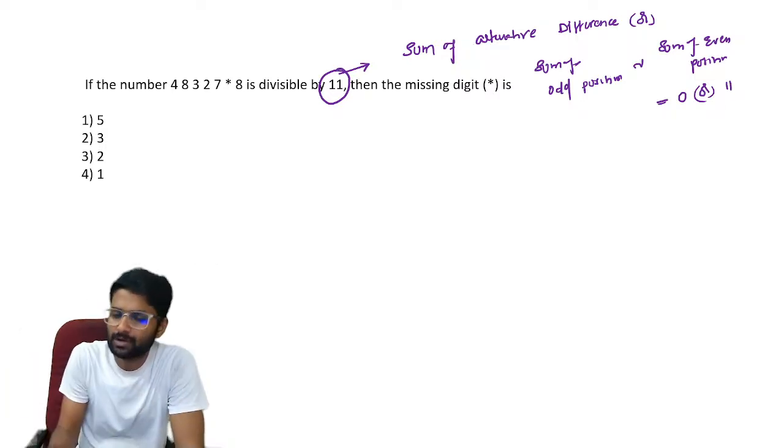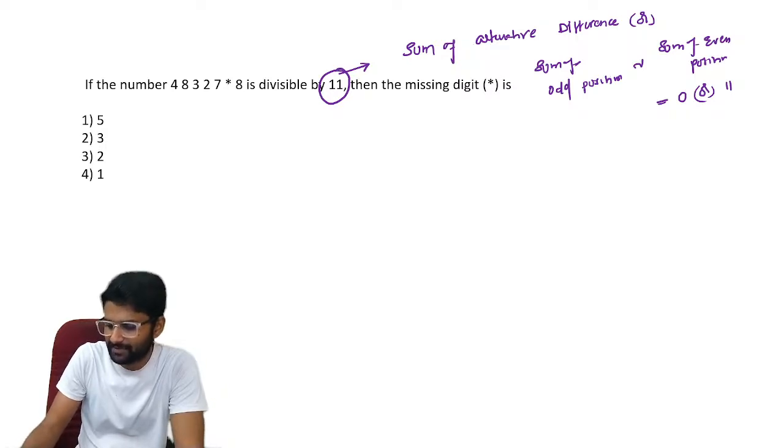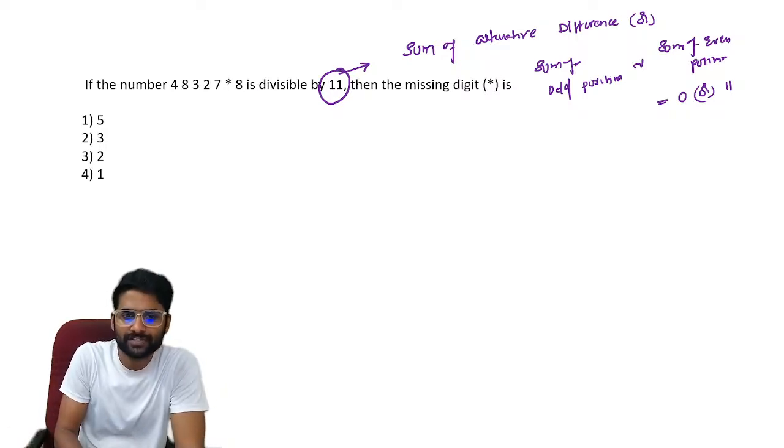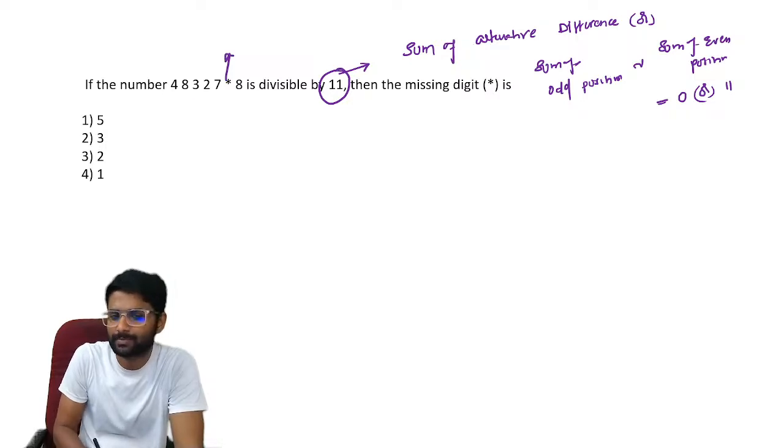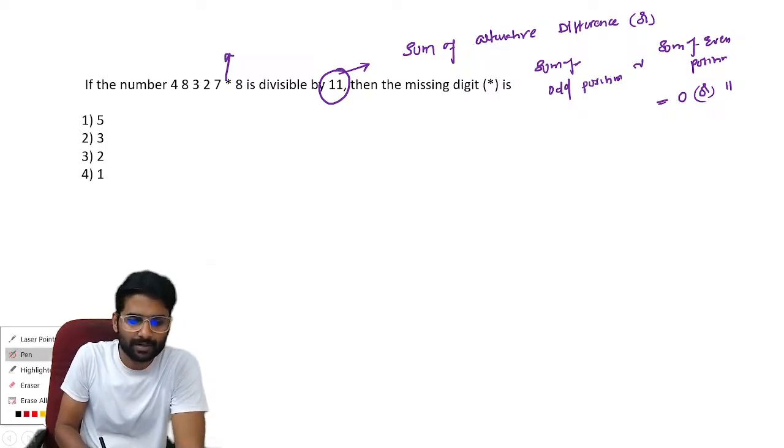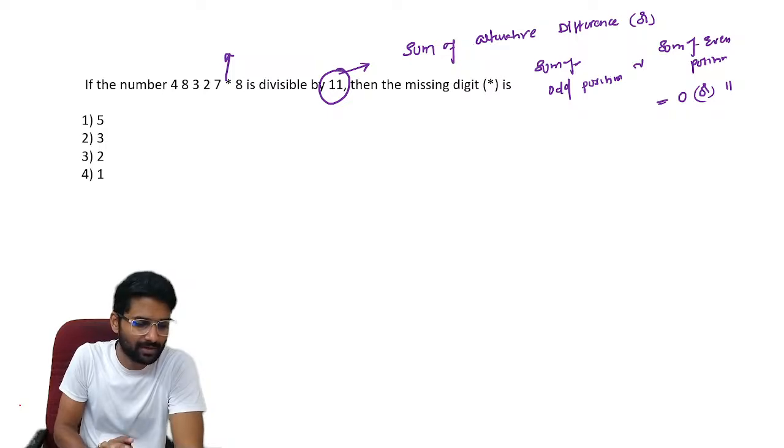If you get 0 or a multiple of 11, definitely the entire number is also divisible by 11 itself. But here the question is, which number should replace the question mark? Remember, difference means the higher value minus the lower value.